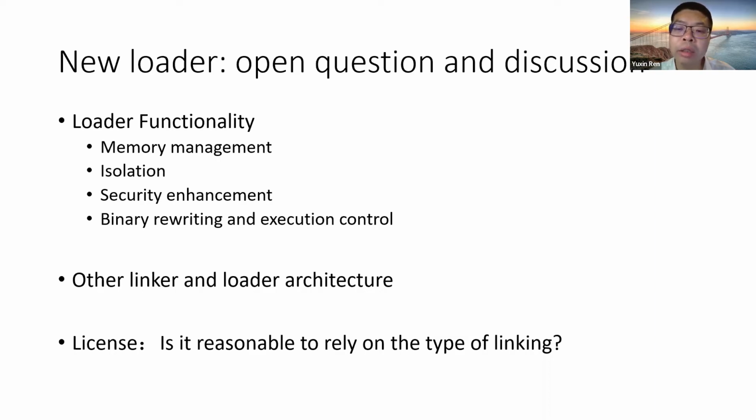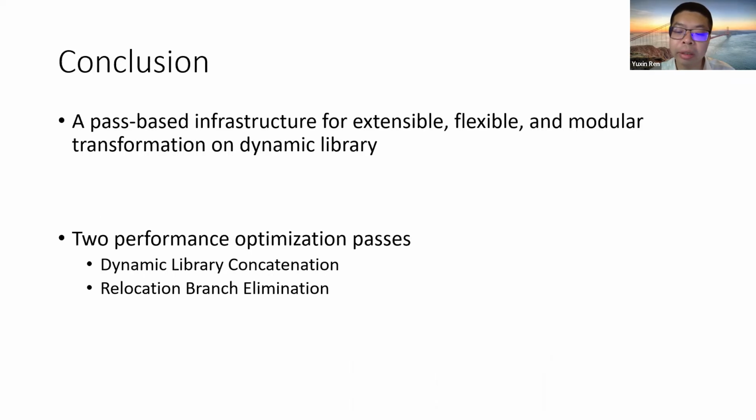So designing other new loader infrastructure is still an open research problem. Last, is it reasonable for an open source license to rely on the type of linking? This question is beyond the technical perspective, but is valuable to discuss by both industry and academia.